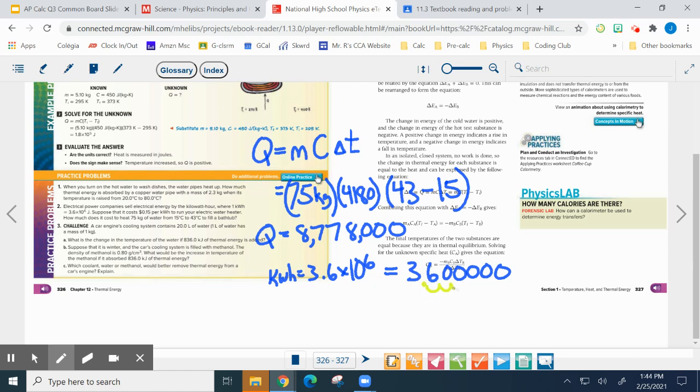So we go 1, 2, 3, 4, 5, 6. So that's where we are now. So all you got to do is take the amount of energy used, divide it by the joules in a kilowatt hour, based on the fact that a kilowatt hour is 3,600,000 joules. And you'll get the answer. And you can do it in scientific notation, or if you just like punching zeros on your calculator, you can do it the old-fashioned way.